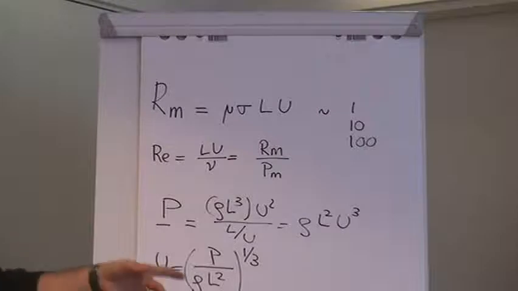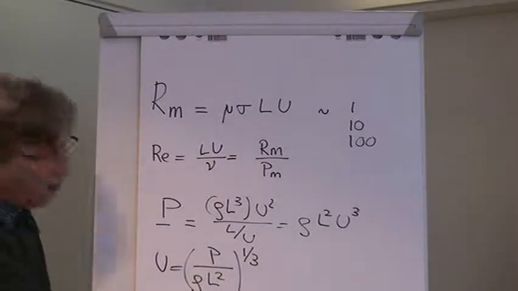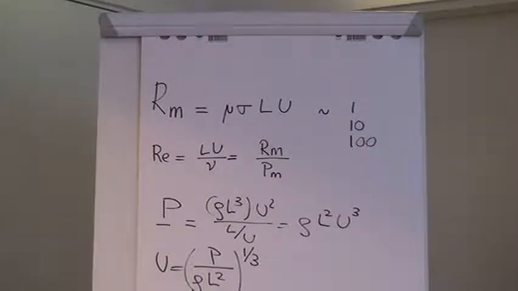Sigma, you can make it the best conducting fluid you can think of. And it's worth working on it because now it's linear. Now, all the other, it's useful to reduce the density, but all the others enter to the 1/3. That is, multiply the power by 10, okay, is only going to buy you twice the magnetic Reynolds number. Okay?